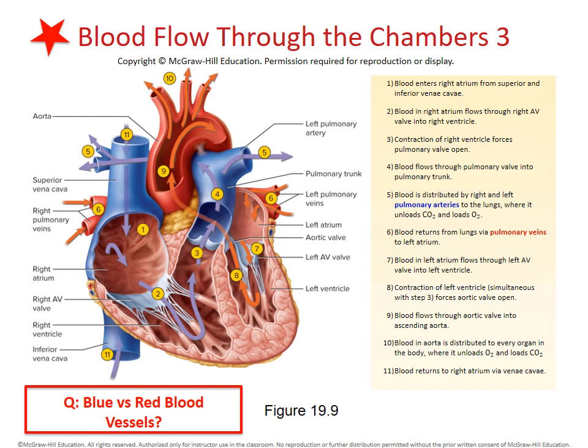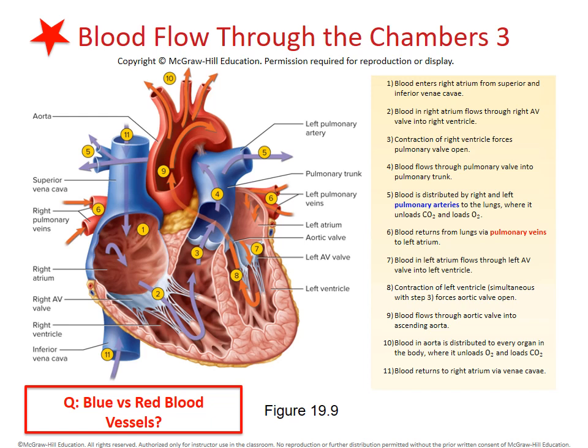Okay, first things first, I just want to remind you of the color code. Remember, blue is for deoxygenated blood, and red is for oxygenated blood. You'll really encounter this more in our next chapter, the worksheet on chapter 20 on the blood vessels: some blood vessels carry blood away from the heart and others carry blood back to the heart.